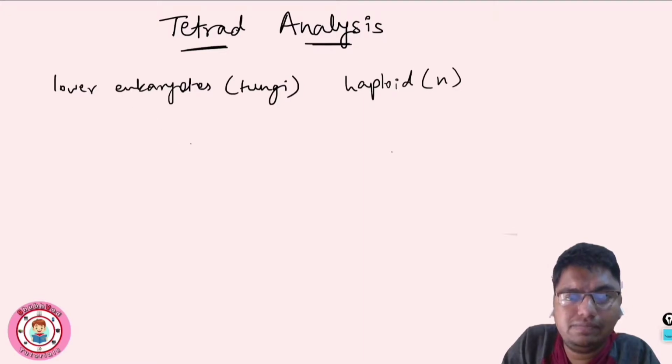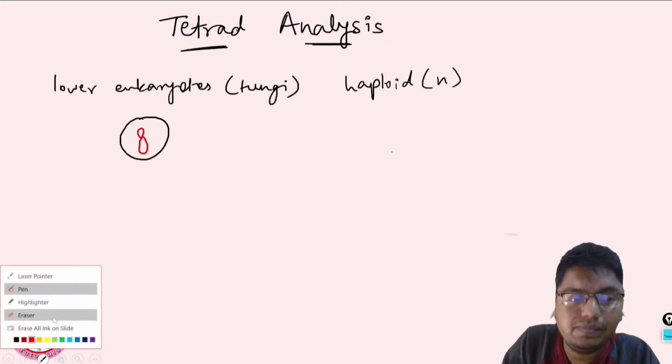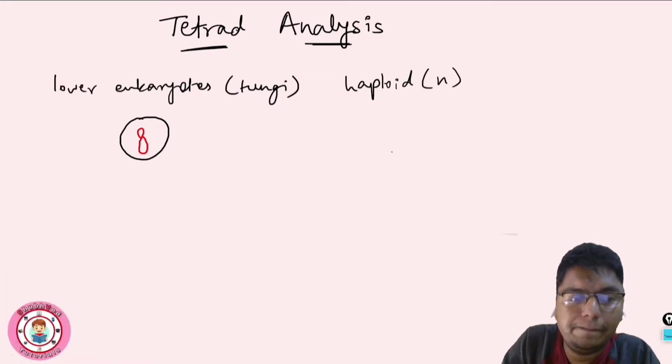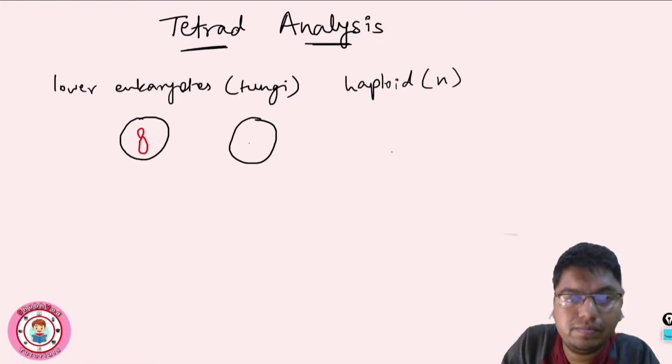So basically, what is haploid condition? See, I will draw here one cell in which there is a chromosome, and one more cell I will draw here. So these are the two haploid cells.